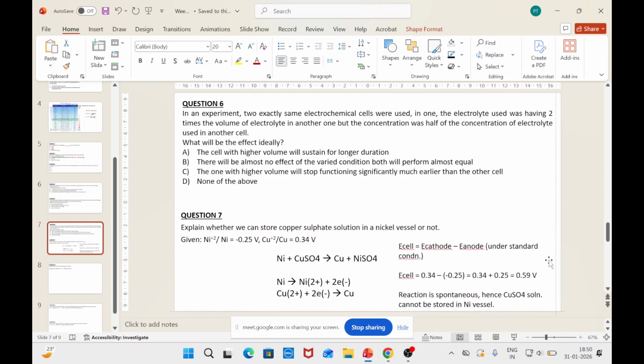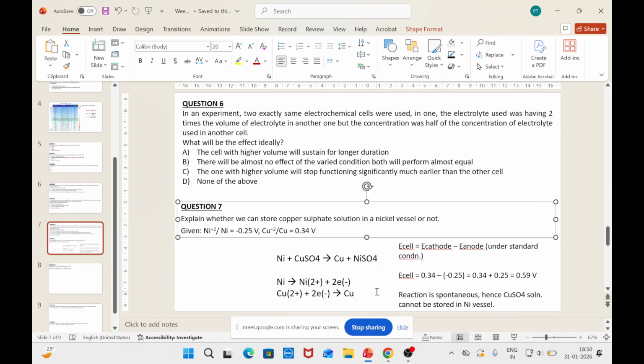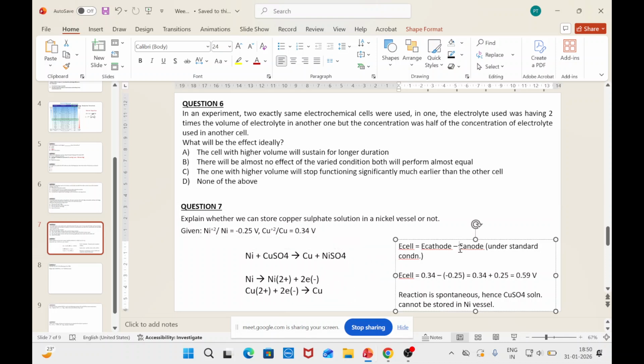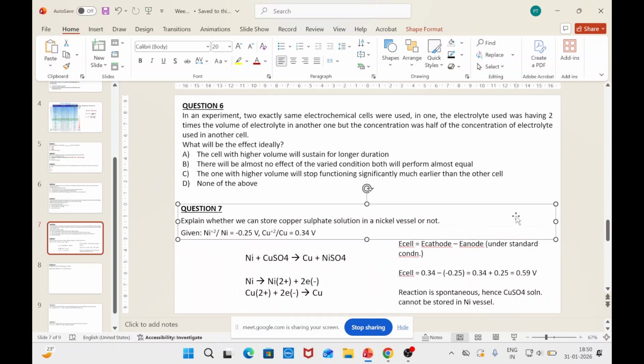If there is anything that you were not able to understand, please let me know, because this is quite a simple one. We will have a problem using the Nernst equation, which is going to be more tedious with calculations. So please let me know if you have anything that you were not able to understand here before we go to the other questions.